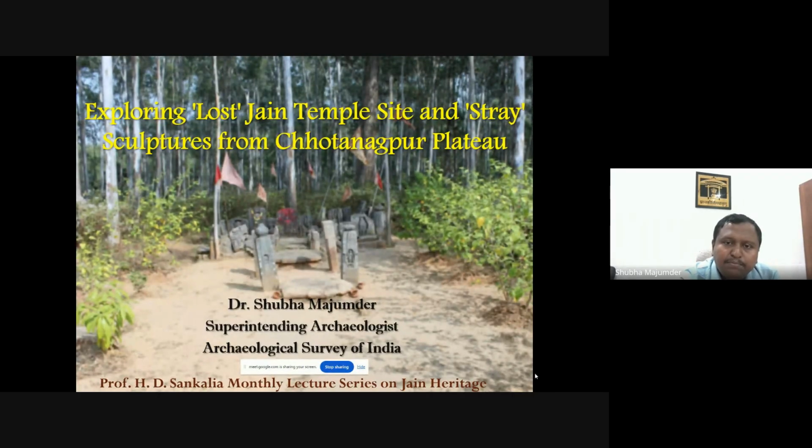Like Brahmanism and Buddhism, both have already been extensively explored and studied by various scholars. Jainism is also studied, but especially where an abundant number of Jain temples and images were found, likely in South India and Central India.